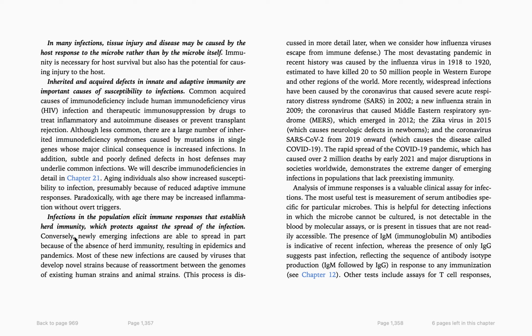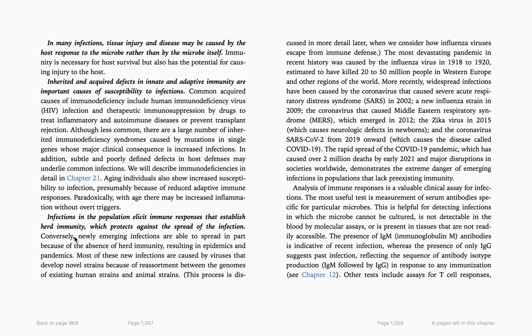Although less common, there are a large number of inherited immunodeficiency syndromes caused by mutations in single genes whose major clinical consequence is increased infections. In addition, subtle or poorly defined defects in host defenses may underlie common infections. We will describe the immunodeficiencies in detail in chapter 21.